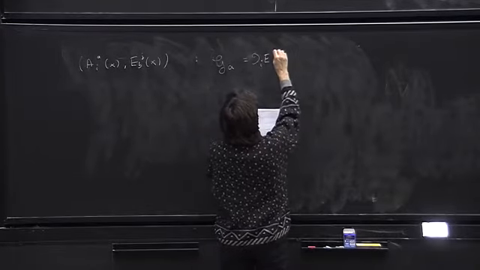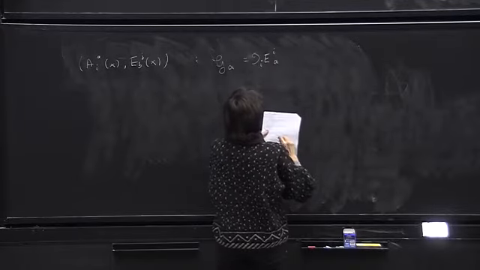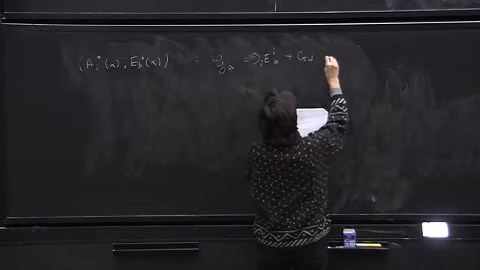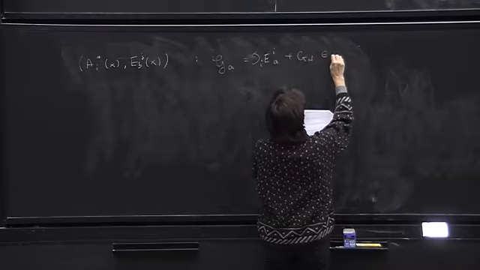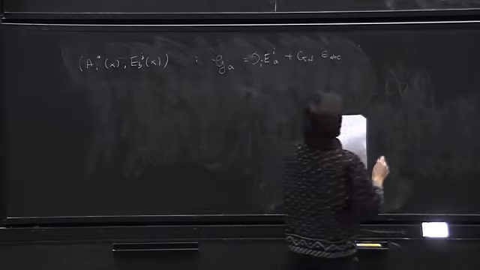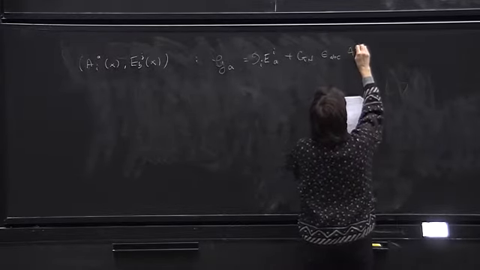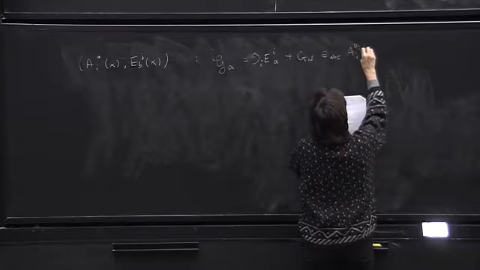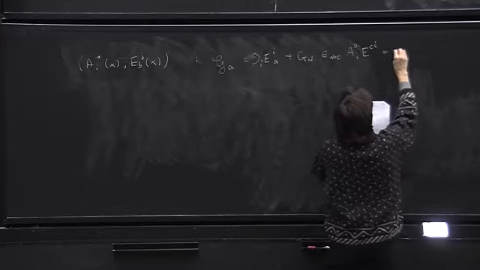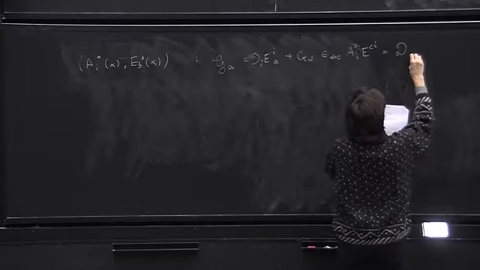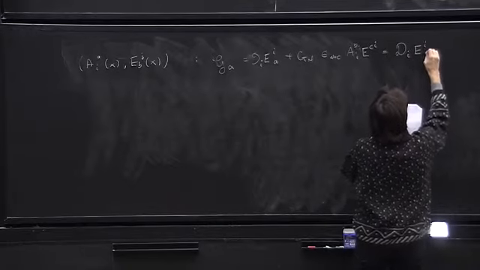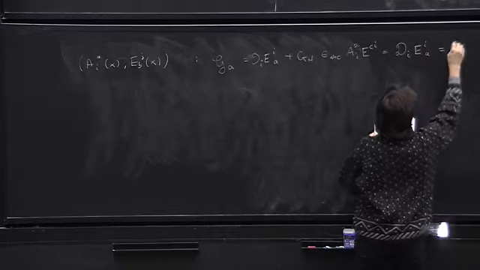Partial derivative i of E_a^i plus G Newton epsilon_abc, the structure constants of SO(3), A_i^b E_c^i, and this we can abbreviate as a curly D_i E_a^i. This has to vanish.